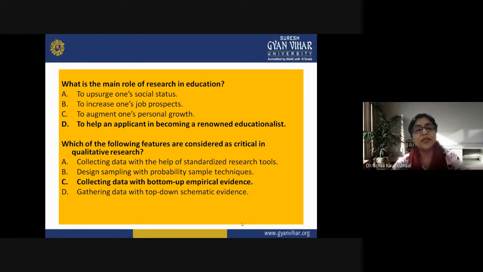B, design sampling with probability sampling techniques. C, collecting data with bottom-up empirical evidence. D, gathering data with top-down schematic evidence. So the correct answer, the feature considered critical in qualitative research, is option C, collecting data with bottom-up empirical evidence.